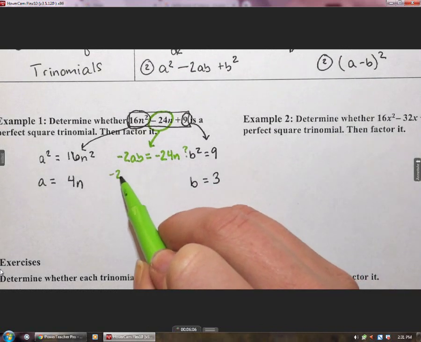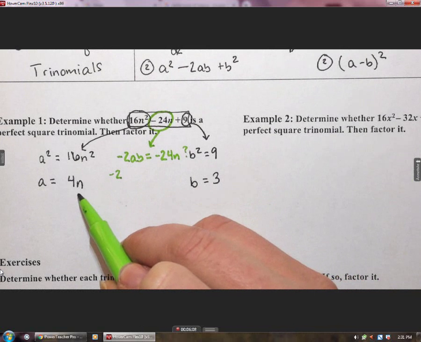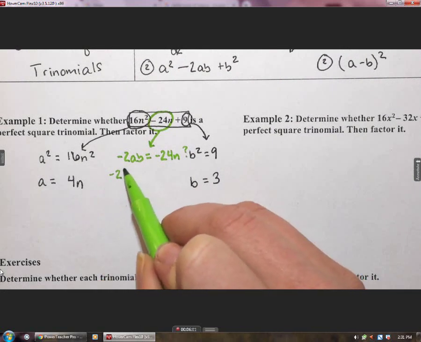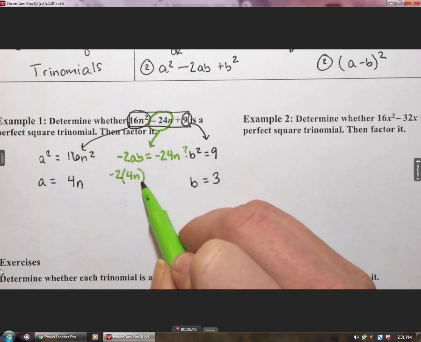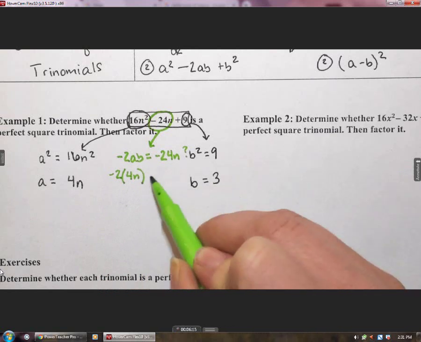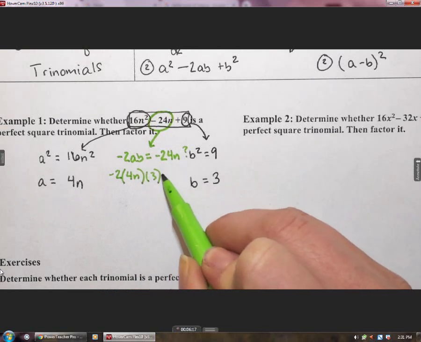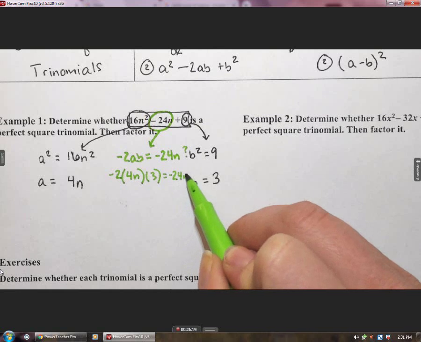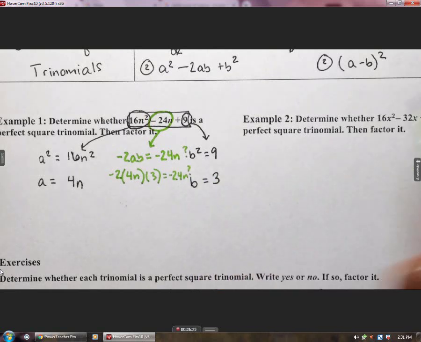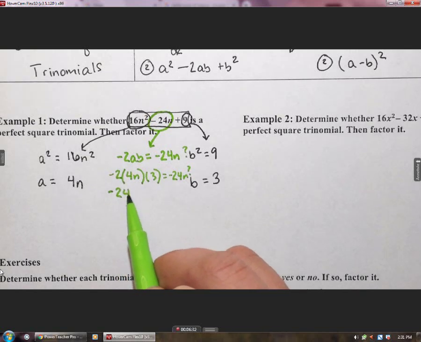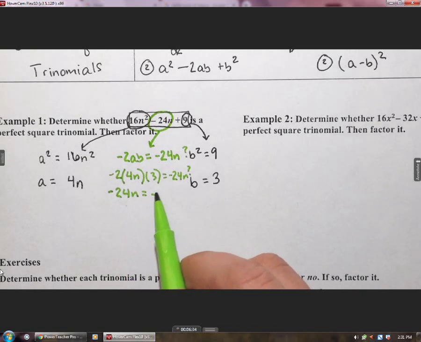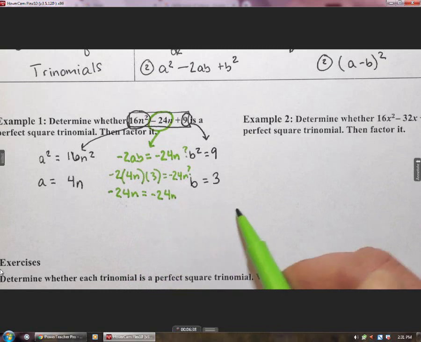Well, negative 2, what's a? 4n, so I'm going to put in parentheses 4n. What's b? 3. I'm checking to see, does that equal negative 24n? Yes. Negative 2 times 4 times 3. Negative 2 times 4 is negative 8. Negative 8 times 3 is negative 24. I still have the n. Equals negative 24n. Do those equal each other?